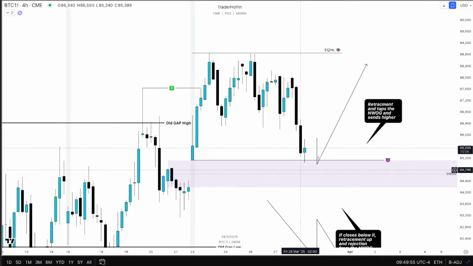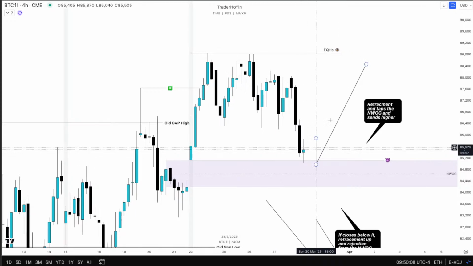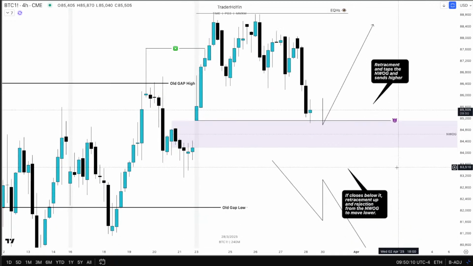Now is the time to look for whether the candle is going to just wick here and open and close above this gap, and then it will find support and go higher. If the candle can trade through this CME gap, it will use it as an inversion to send it lower.